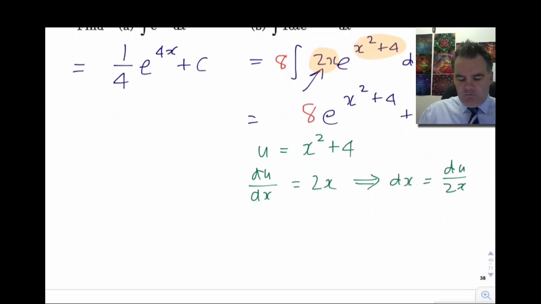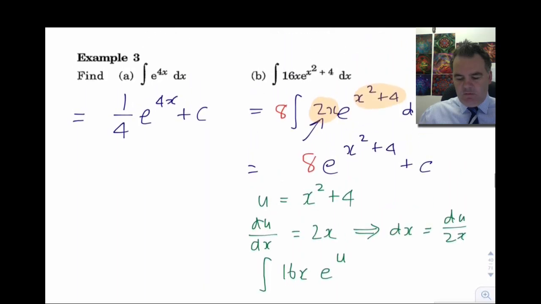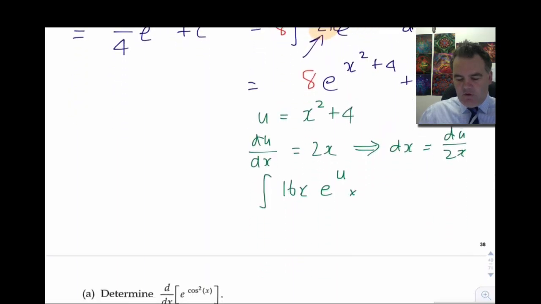So we go back to our integral now. We've got the integral of 16x e to the power of u, because u is x squared plus 4, and dx I'm going to replace with du over 2x. You can see now that the x's cancel, and we've got the integral of 16 e to the power of u du.